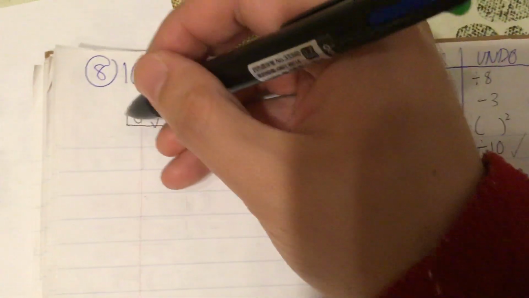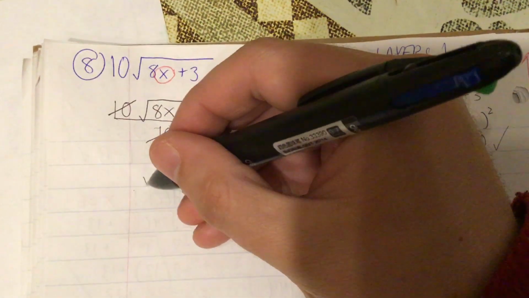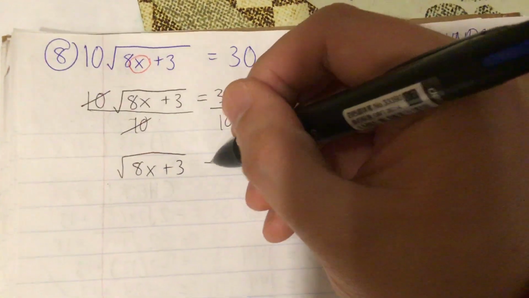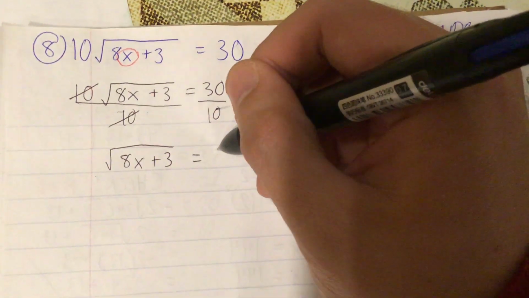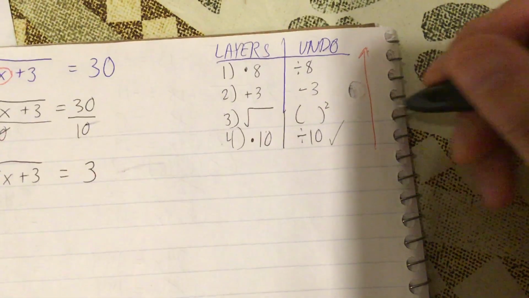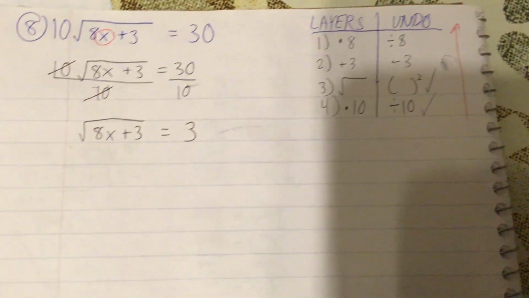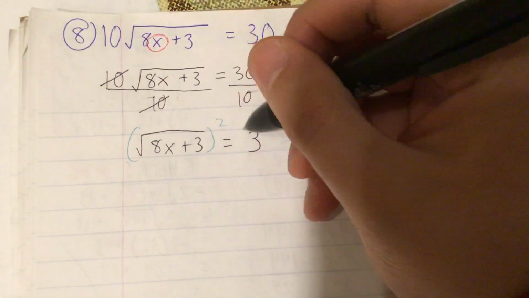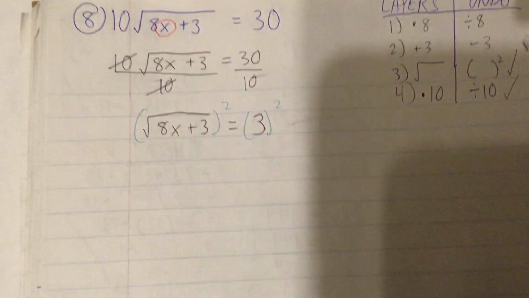So that 10 knocks out, leaving me with the square root of 8x plus 3 is equal to 30 divided by 10, also 3. Now, I'm going to square both sides. So if I square both sides, the square root and the square knock each other out.